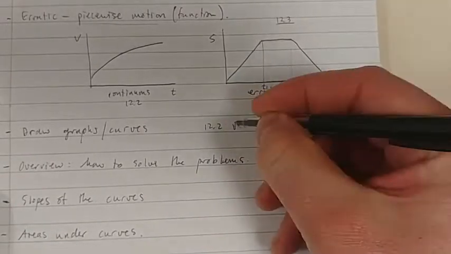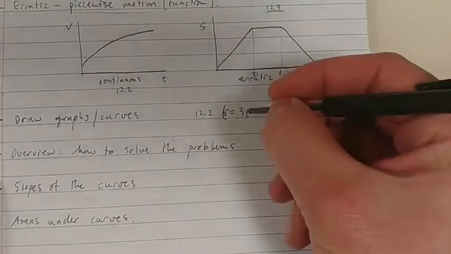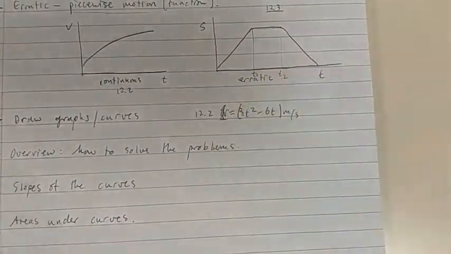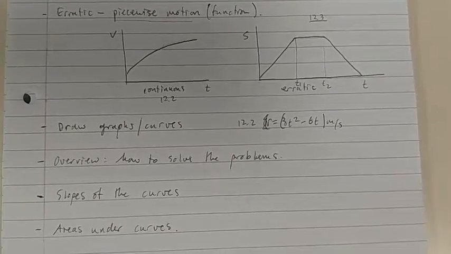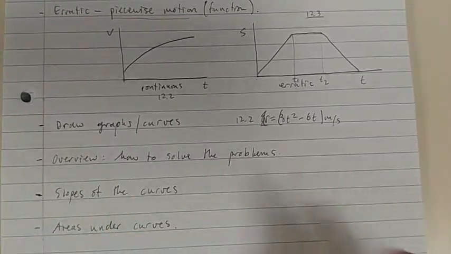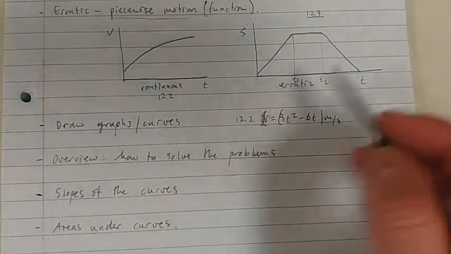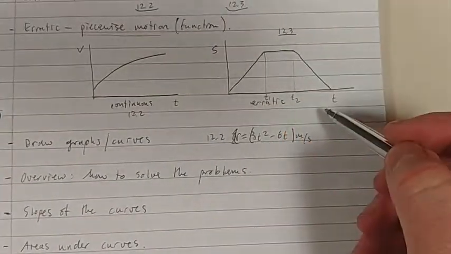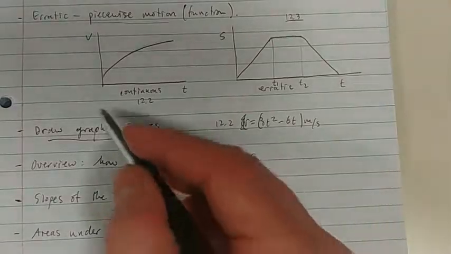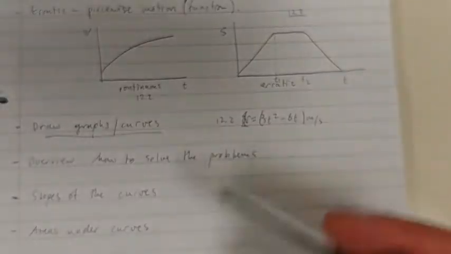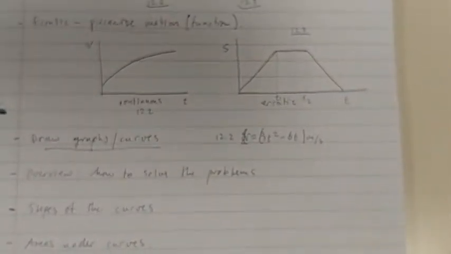You definitely could have drawn graphs for this, but perhaps what the writers of this textbook were saying is that it's easier for us to solve erratic motion when we are drawing the graphs. So we need to understand how the graphs are related to each other.